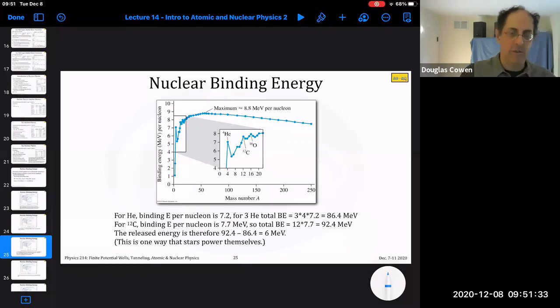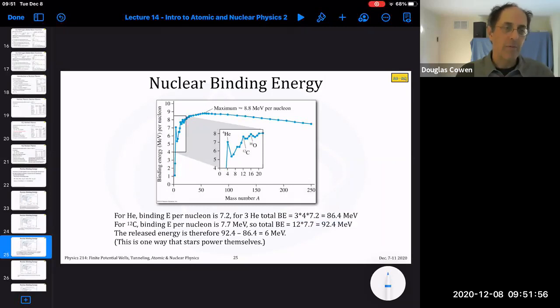It's 7.2 actually. We have 3 helium nuclei that we're fusing together, and each of them has 4 nucleons. So the total binding energy is 3 times 4 times the average binding energy per nucleon of 7.2 MeV, for a total of 86.4 MeV binding energy.